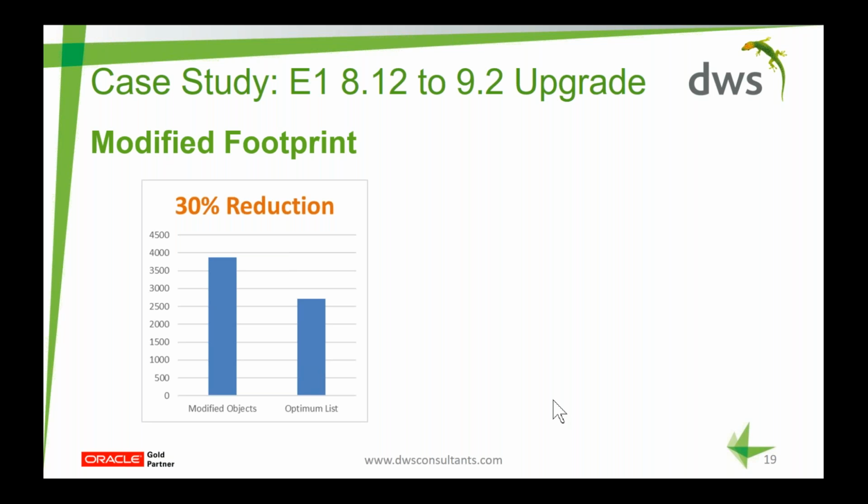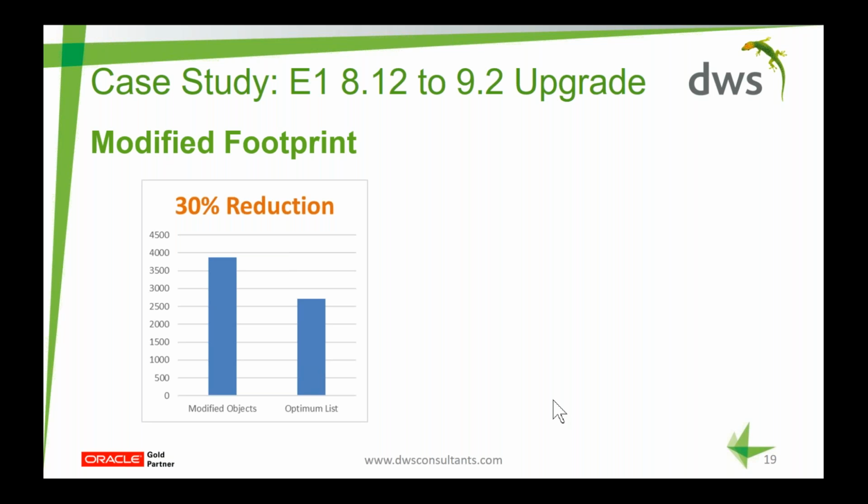So the extract initially, when we did it, found that there was 3,800 potentially modified objects, of which 3,700 odd were normal objects, and about 160 or so were potentially the version overrides, like Dave was talking about just now.